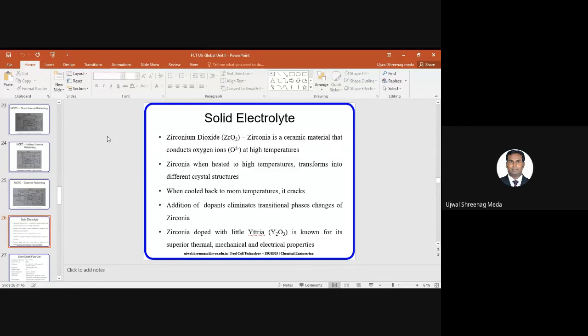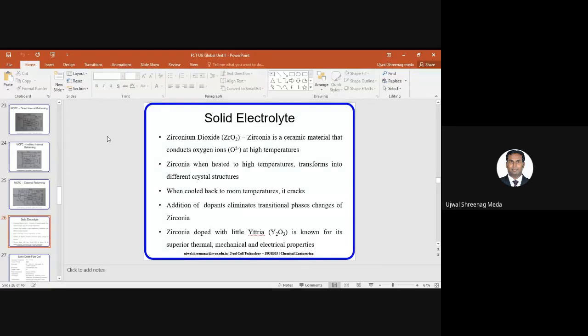So it was back in 1899, Nernst was the first person who spoke about the ionic conductivity of zirconia. He mentioned that zirconia has the ability to conduct oxygen ions when maintained at a temperature above 800 degrees centigrade. So that's where the research on SOFC started.